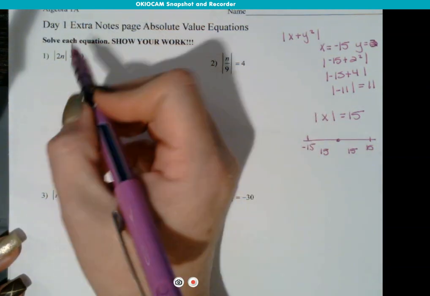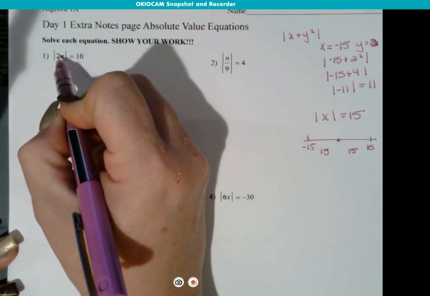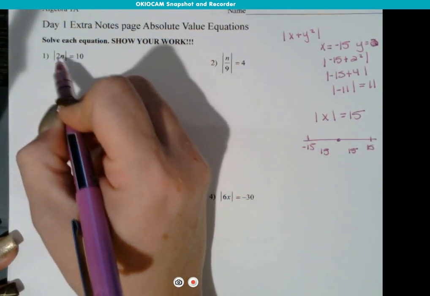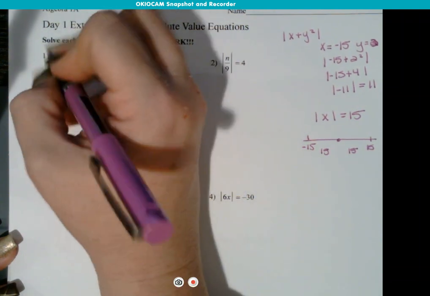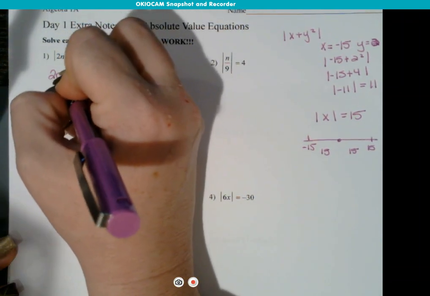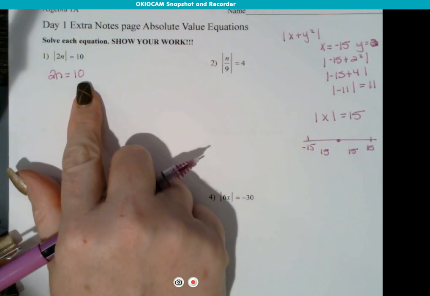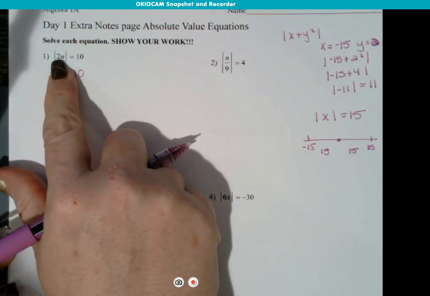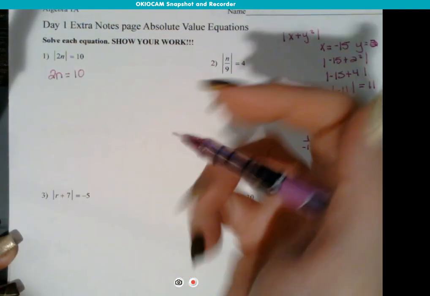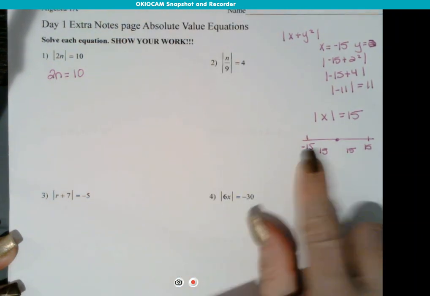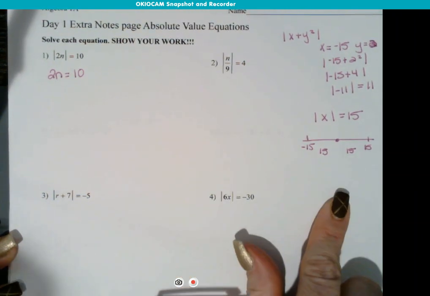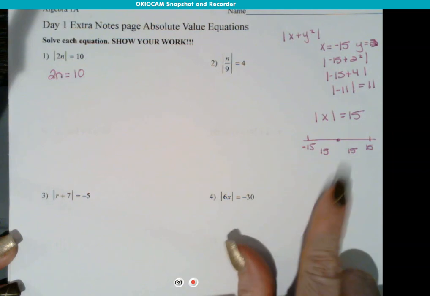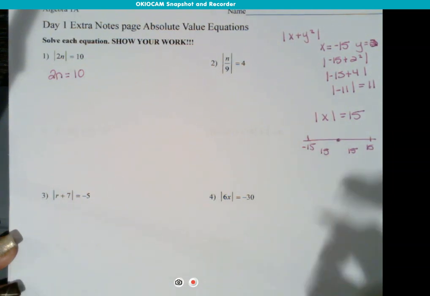All right, so what we're saying here is something has the absolute value of 10. So that's one possibility: 2n equals 10. However, in here can also be negative 10. So we set up a second equation. Because we have two possibilities, we need two equations. There's only going to be one or two exceptions to that rule, and I'm going to talk about it.